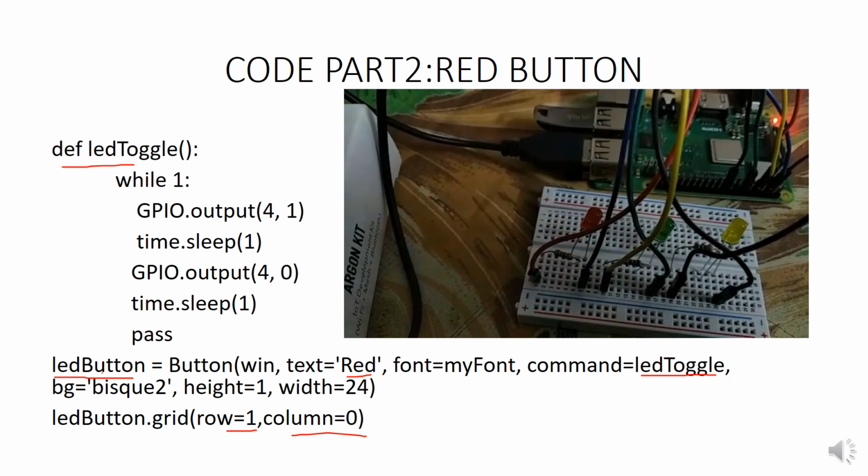Basically what LED toggle does is, it calls an infinite while loop where first I turn on the LED, then the LED stays on for 1 second, then it gets turned off for 1 second, and it repeats. So this code makes GPIO 4, that is the red LED, turn on and turn off.